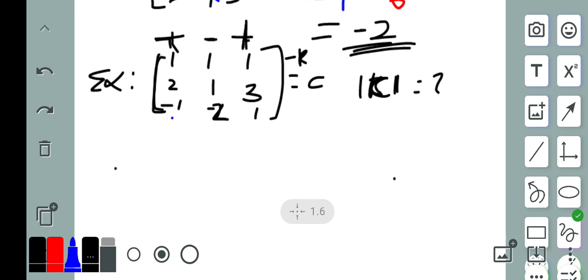We start with this 1, and I write 1 here, and then you delete everything that is in the vertical and the horizontal side of that one.